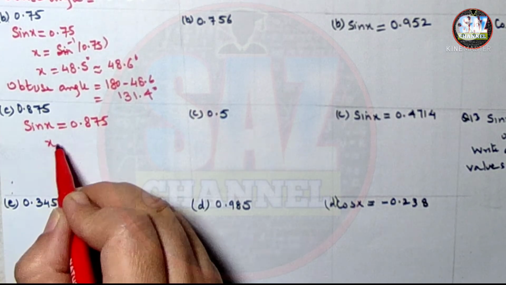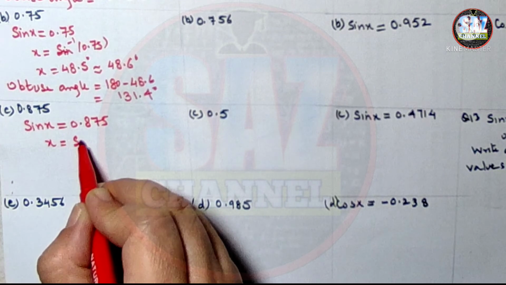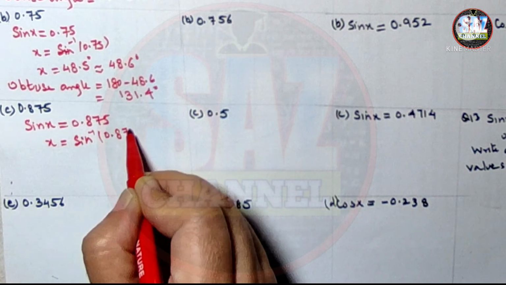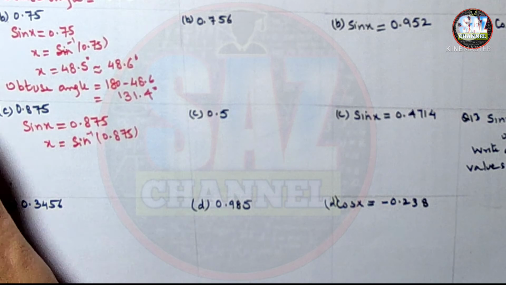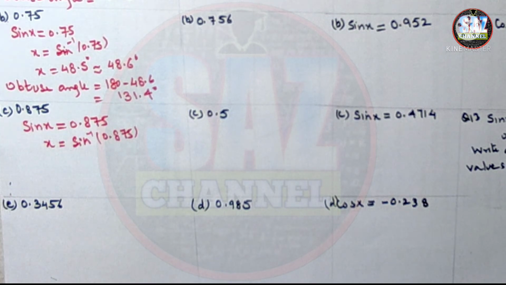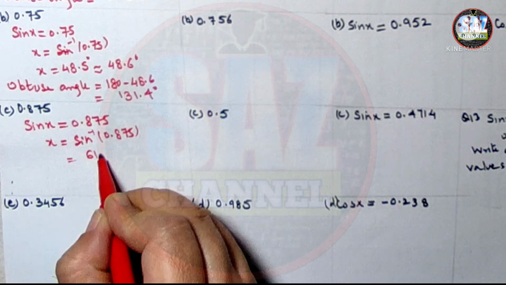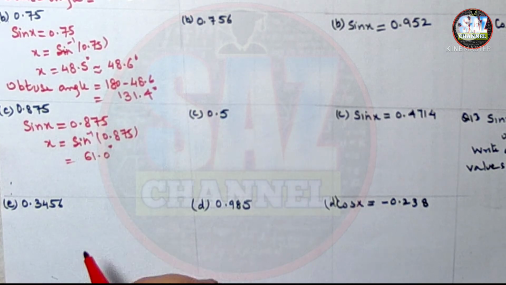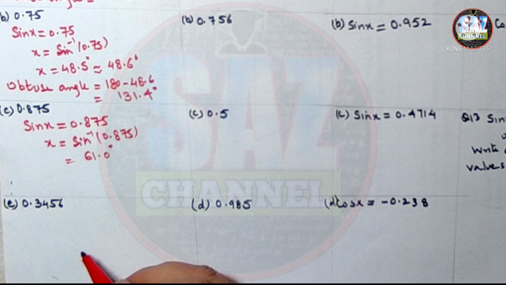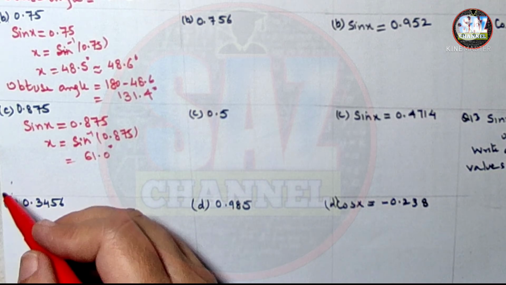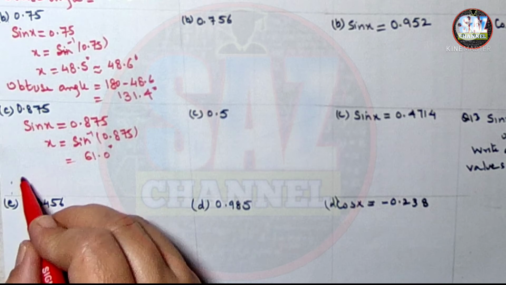Moving to the next part, given value is 0.875, sine of x is equal to 0.875 and x equals sine inverse of 0.875, and this gives me 61.04 degrees, or 61.0, to three significant figures. And for the obtuse angle, I have to take away this answer from 180 degrees.